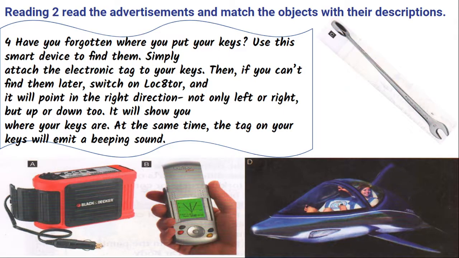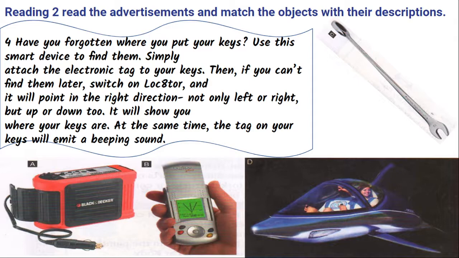Have you forgotten where you put your keys? Use this smart device to find them. Simply attach the electronic tag to your keys, then if you can't find them later, switch on the locator and it will point in the right direction. Not only left or right, but up or down too.